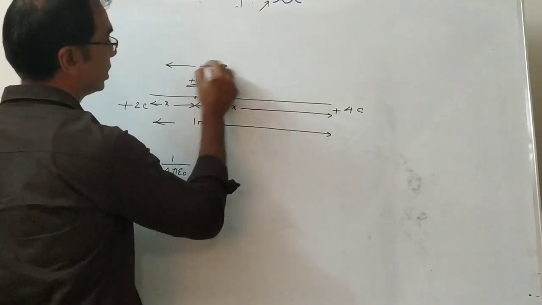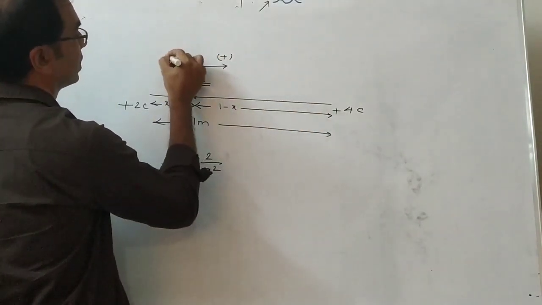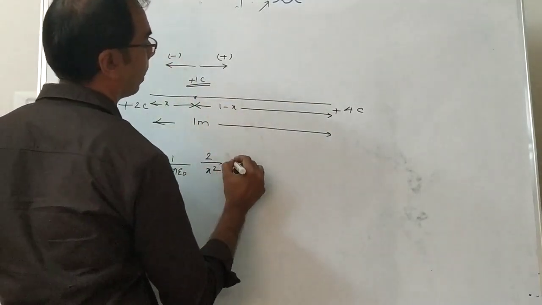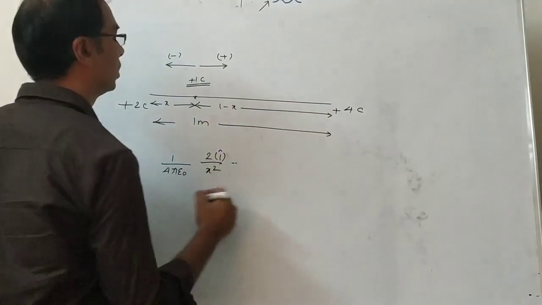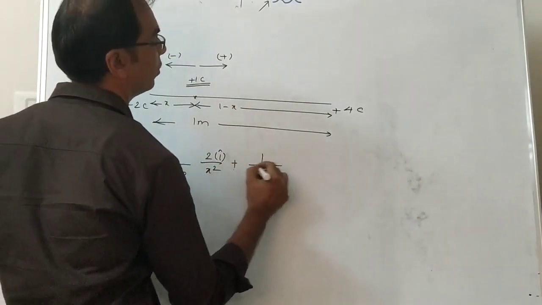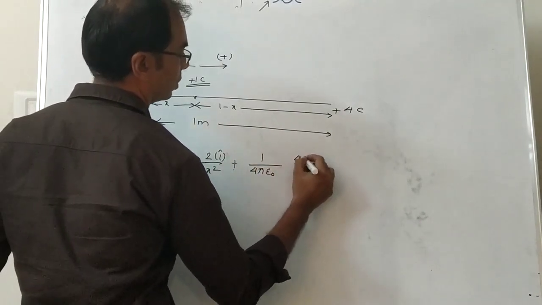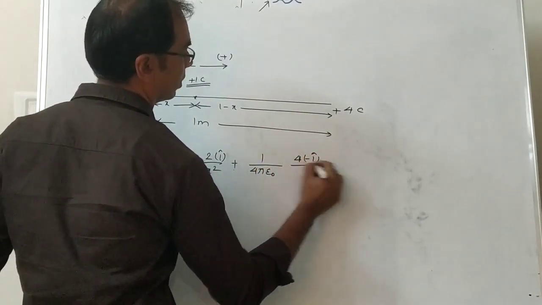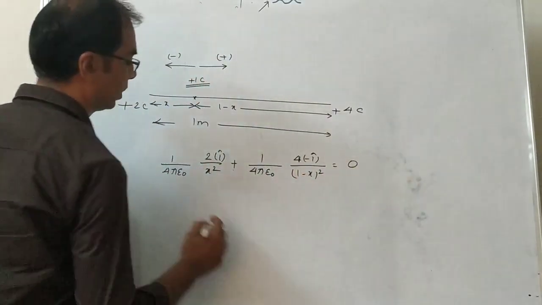Field of that one, I am taking this as positive x. This one is negative x axis. So I am writing minus, or if you want, I will take it in vector form. Plus 1 by 4 pi epsilon naught into 4 minus i cap by 1 minus x whole square equal to 0. Take that one to that side.